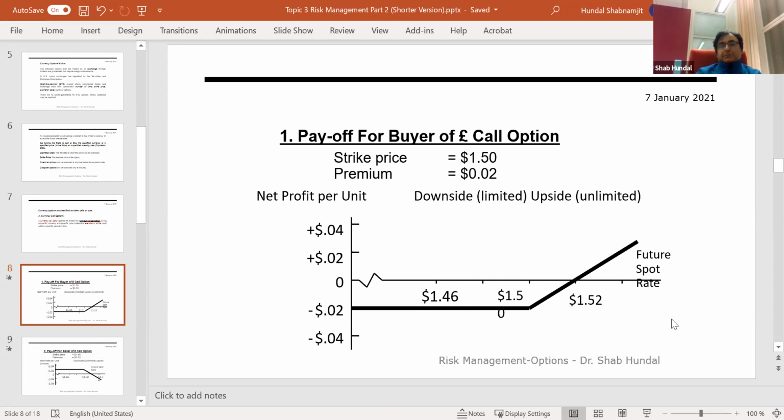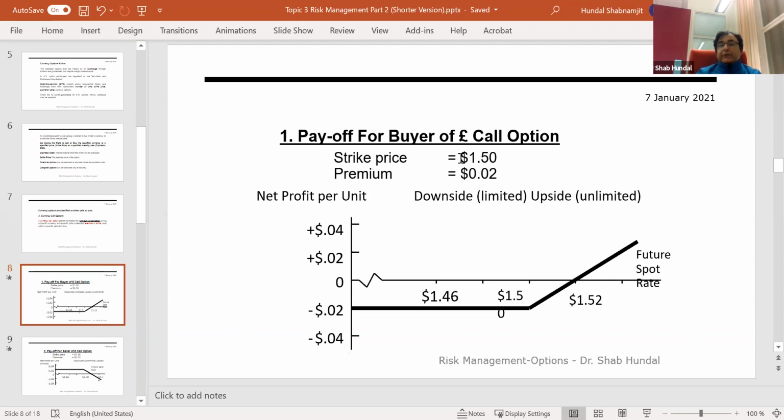Just imagine you are living in the US and you want to buy something from Great Britain, and you sign a contract either with a bank or you make a contract with the broker if it is a market traded contract, that hey, you know what, I will be buying £1 for 1.50 American dollars, so $1.50 American dollar for £1. To get this contract, you pay 2 cents.